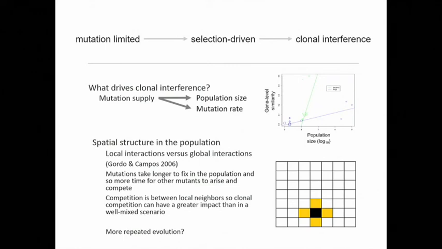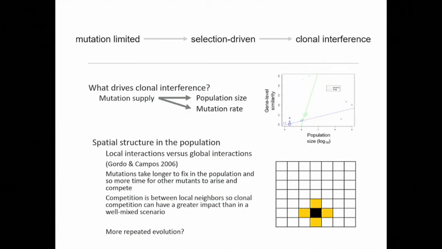Mutations arise at different locations in the population, and the individuals with those mutations are competing locally. Theoretical models tell us that in this spatially structured environment with local interactions, we expect adaptation to be slower. A mutation is going to take longer to spread and fix in a population under these kinds of conditions.